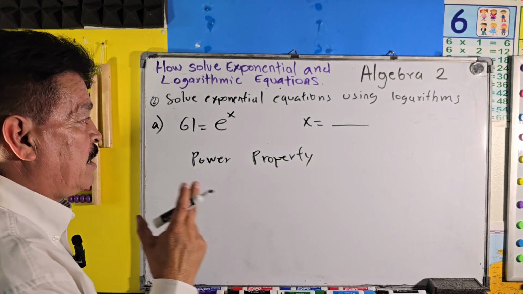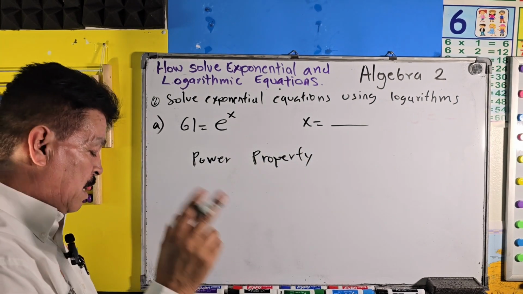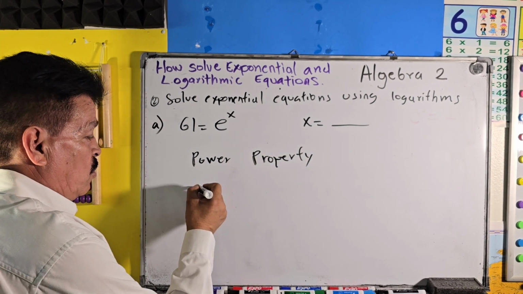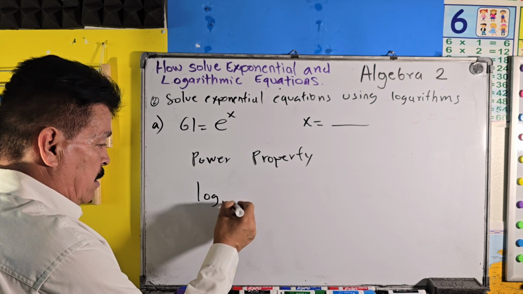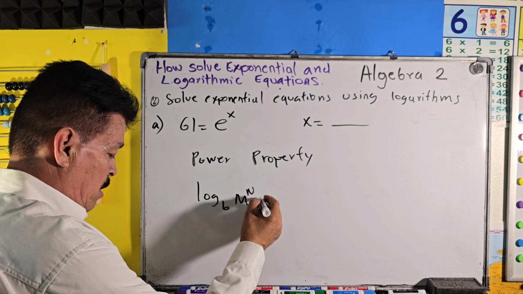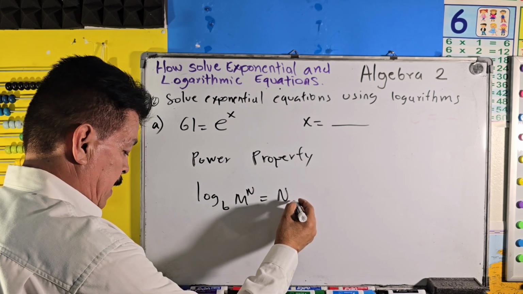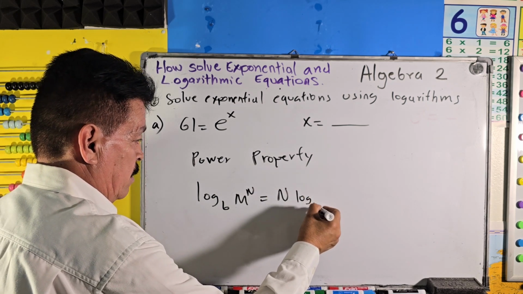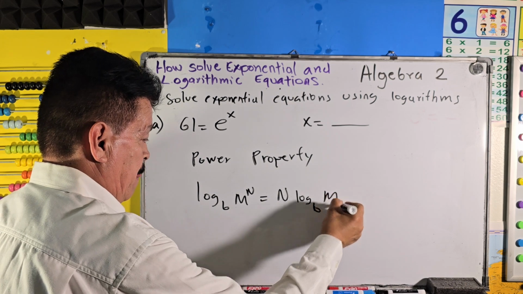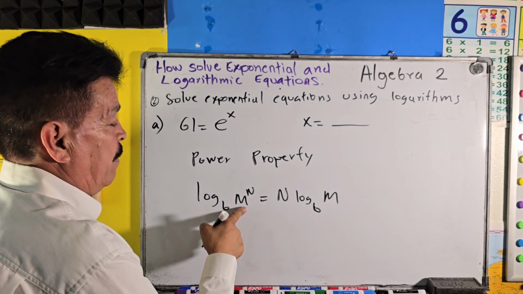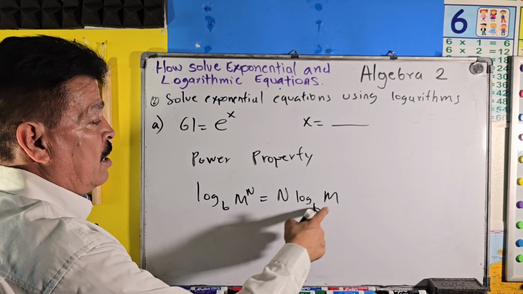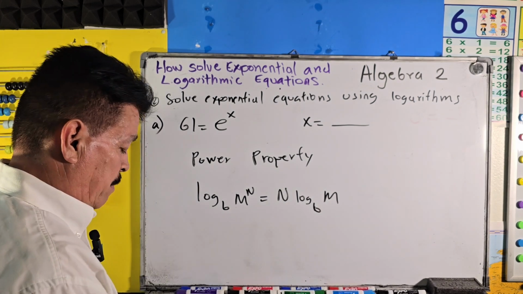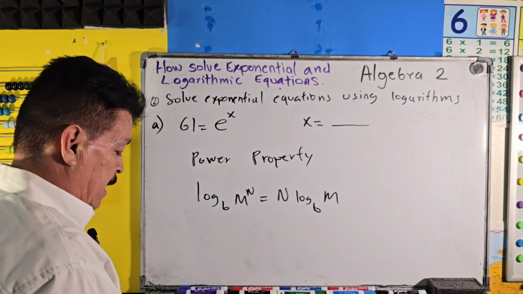We have to remember in this problem the power property. I will write it right here. This is the power property: log of m to the n power with base b equals n times log of m with base b.